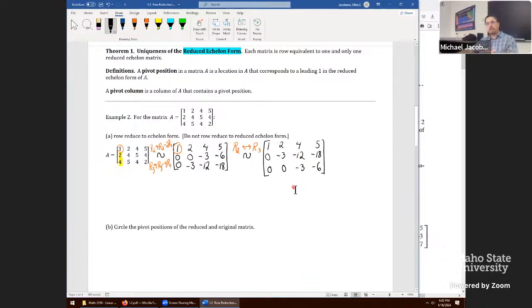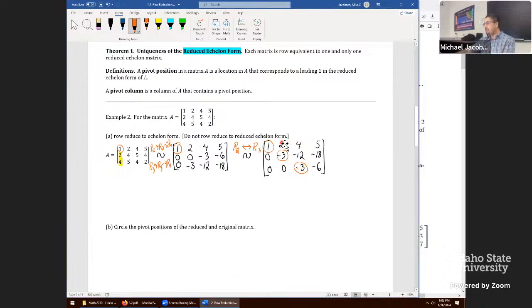Well, you know what, do we have to? That's one thing we should ask ourselves. It says row reduce to echelon form. We did an operation here, but we found when we assessed it, we needed to do a row swap. But here we found a pivot in this location, and this location. There's nothing further we can do. Once we have a pivot entry on the last row, we pretty much stop here.